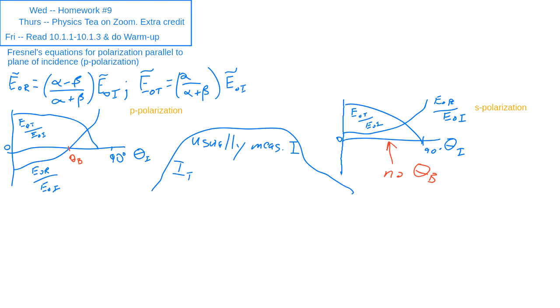The intensity of the incident wave is going to be its Poynting vector dotted with the component that sticks out normal to the plane of the interface. Basically, this is saying how much goes through the interface, and then we take the time average of that.